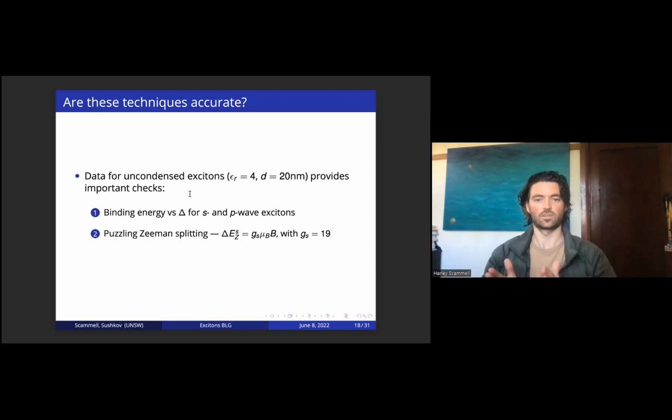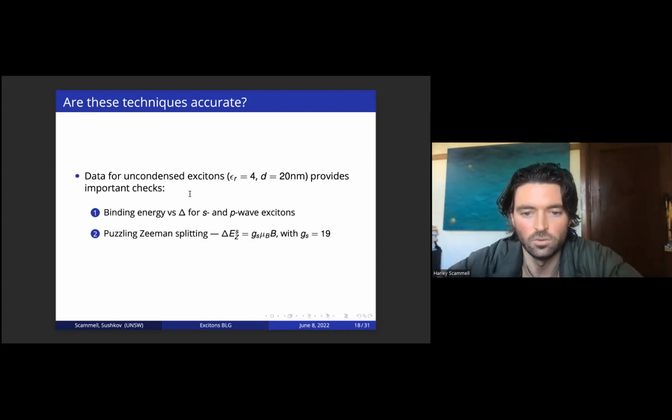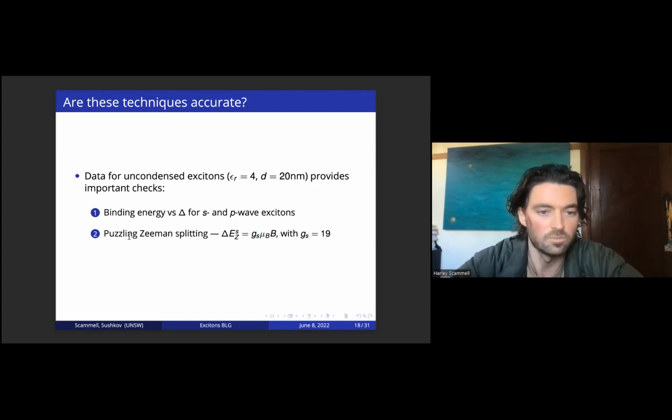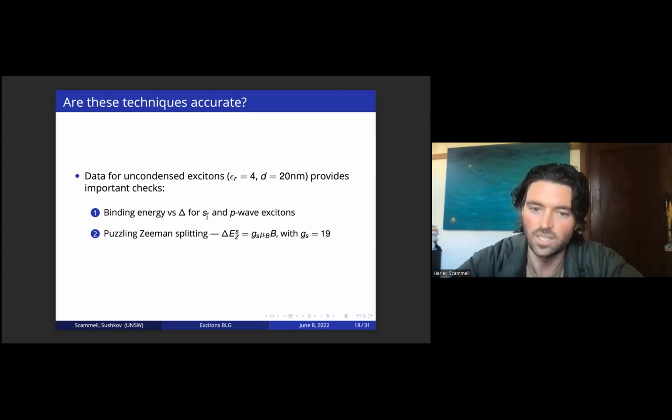This occurs with both S-wave excitons and P-wave excitons. This is what they're able to excite. They also have this Zeeman splitting of S-wave excitons with a G factor of 19. I said this is puzzling, because if it was spin, then the G factor should be on the order of 2. So really there's some orbital contribution, but it's S-wave.